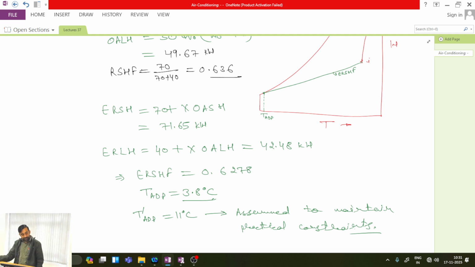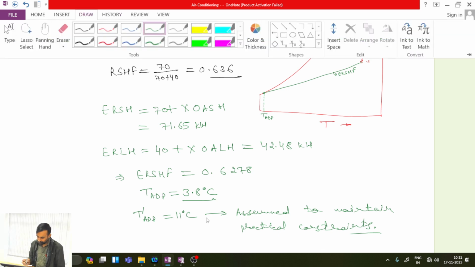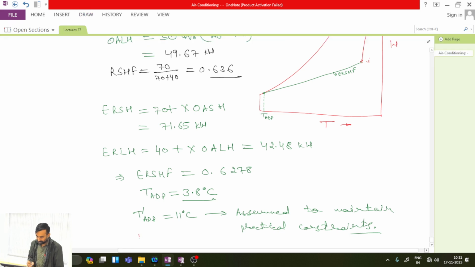So I have assumed, to maintain the practical constraints which I just now explained to you, the value of 11 degrees Celsius. Now, can I calculate the WADP corresponding to this value? How? At 11 degrees Celsius, I will go to the saturated state and note down the corresponding humidity ratio.